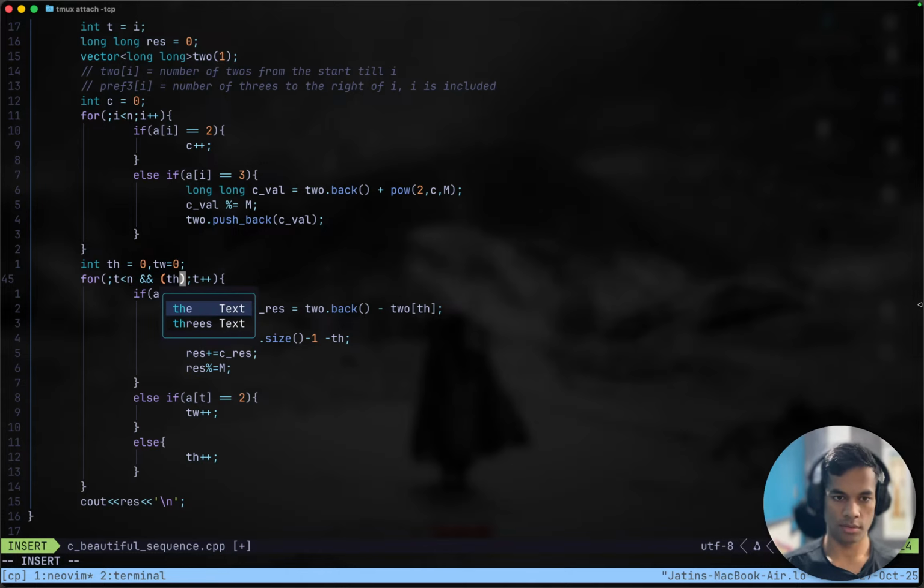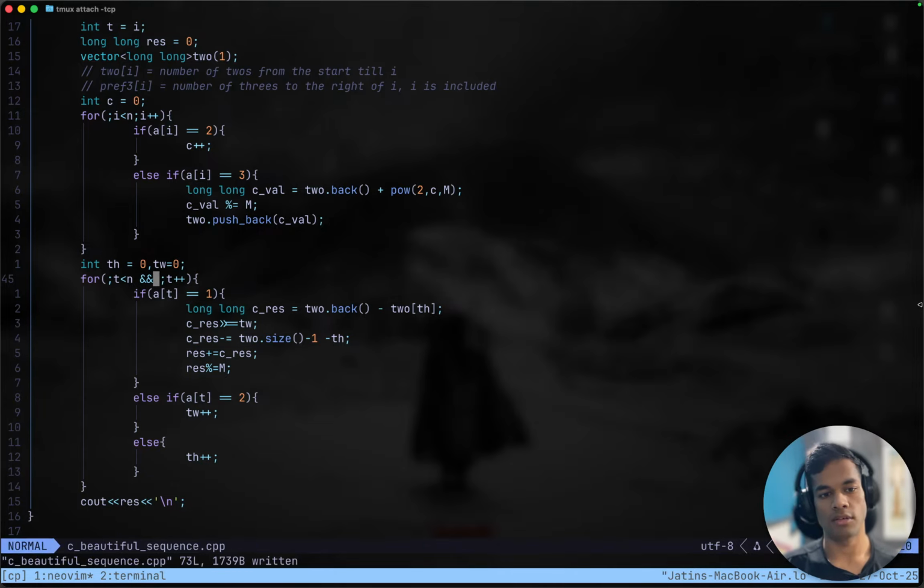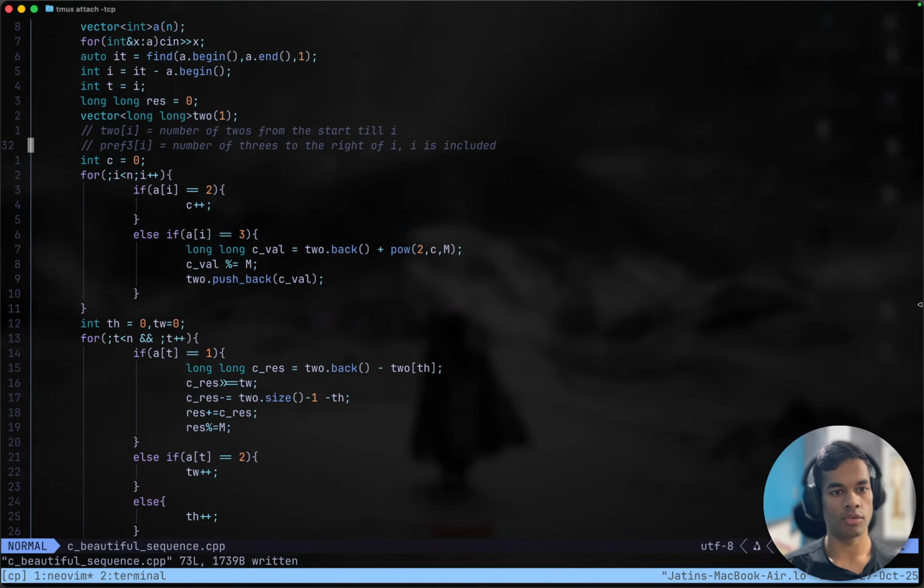The maximum value that th can have is not th; this t should not be greater than the last one.